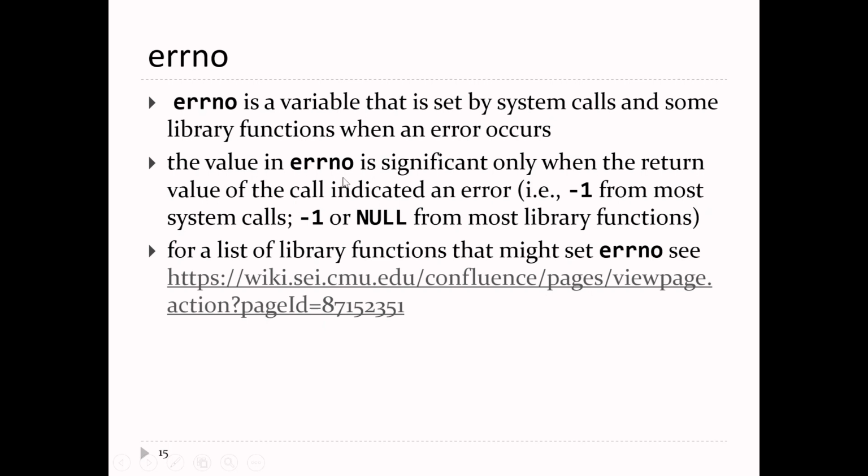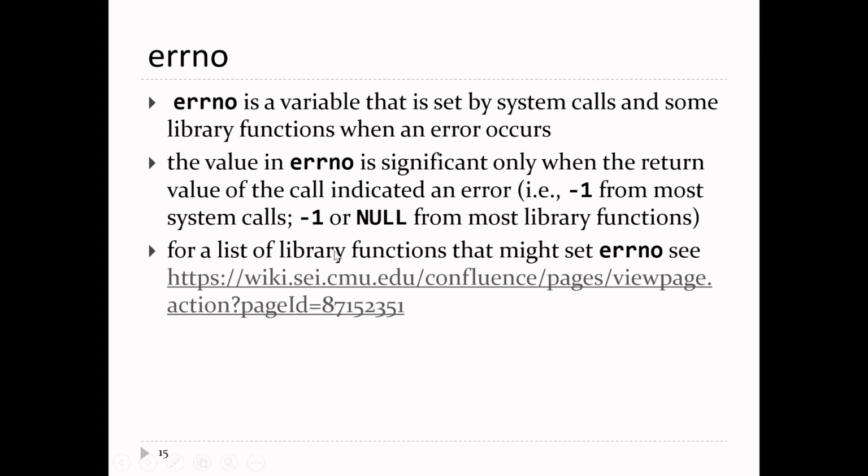So the value of errno is always available to the programmer, but it's only significant when the return value of the call indicates an error, right? So the function has to return a value that indicates that a problem has happened. If that happens, then you can look at errno. Well, you can always look at errno, but if that happens, you can look at errno to find out maybe more information about why the error happened, right? So it's a very primitive form of error handling in C.